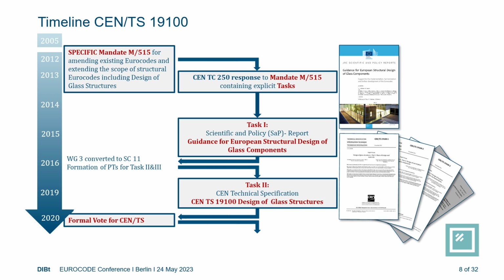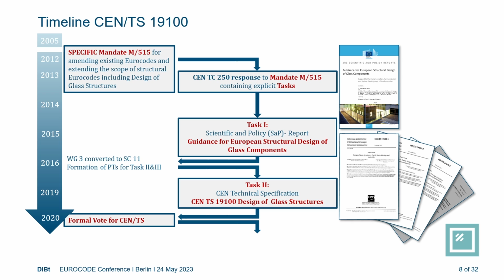I don't intend to repeat all the details of how to develop a Eurocode, because earlier this morning Steve Denton reported a lot about these roadmaps for the Eurocodes as a whole. I would like only to give you some key dates. In 2012 we received a specific mandate, M515, in which we were asked to develop the code in 3 different tasks.